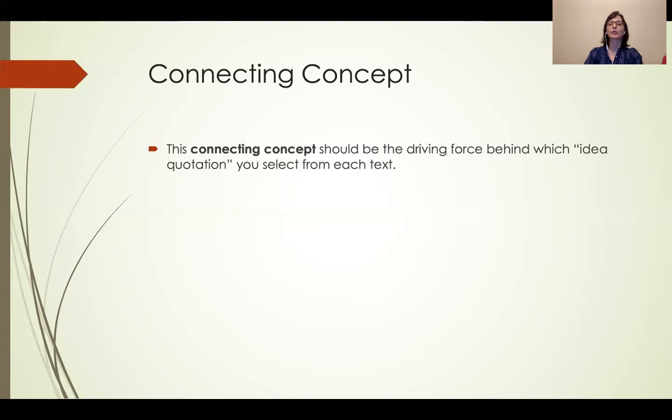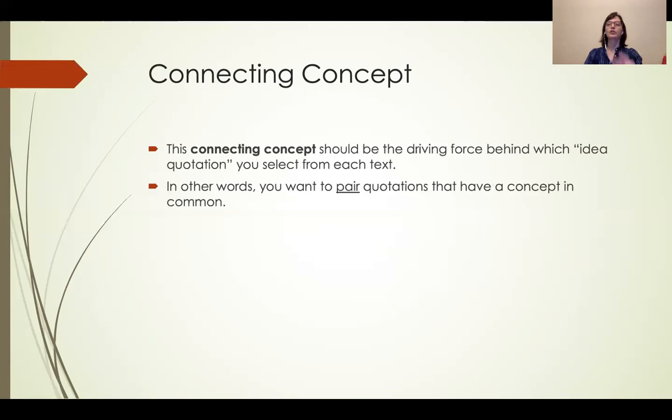That's going to be a really important focus for us as we move through the rest of the semester when we workshop: making sure the connection we establish between the texts in each body paragraph is as direct as possible. Once you figure out that connecting concept, that should be the driving force behind which quotation you select from each text.